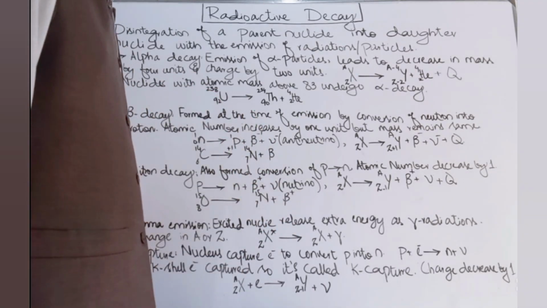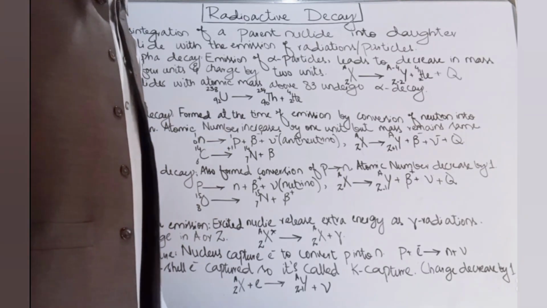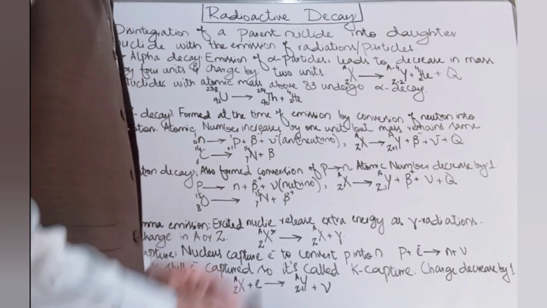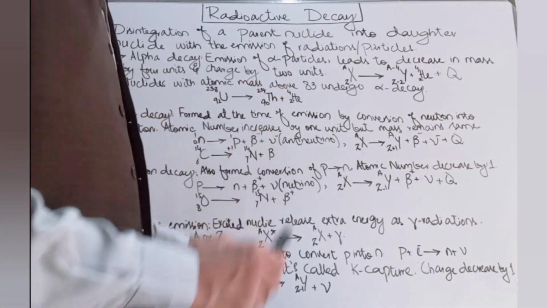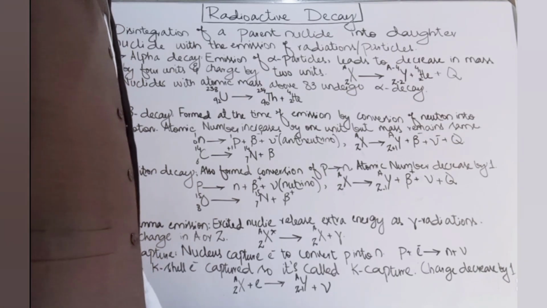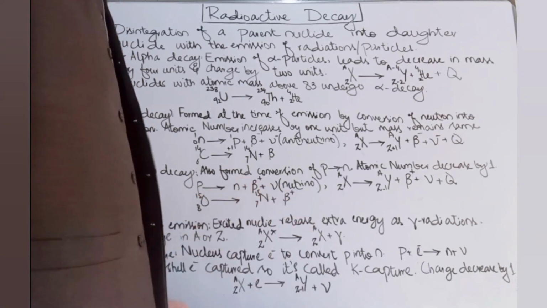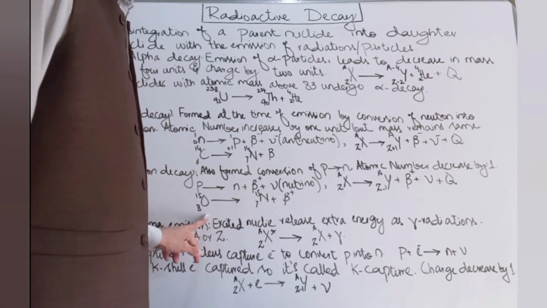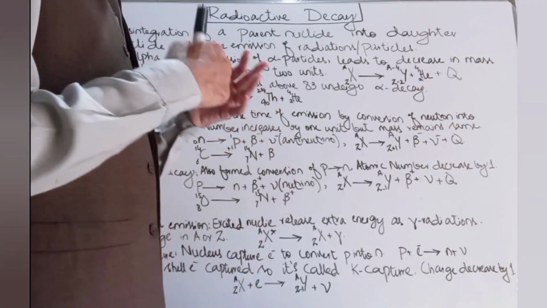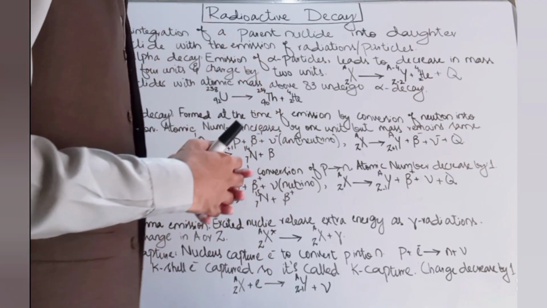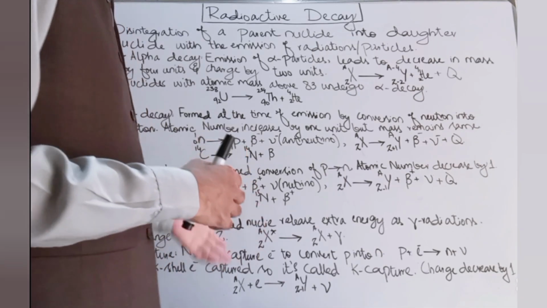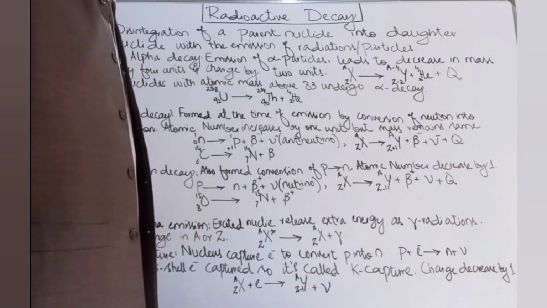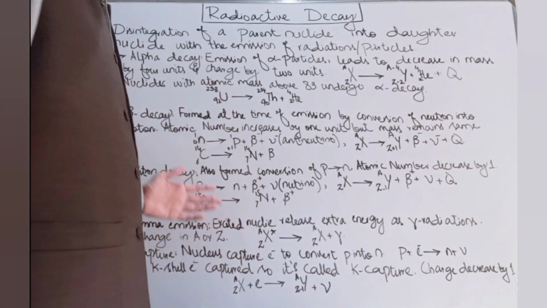The next is the gamma emission. As you know, gamma rays are not particles. They are just electromagnetic radiations having no charge and no mass. Sometimes the nuclei are excited. The excited nuclei have high energy content and they release their extra energy.